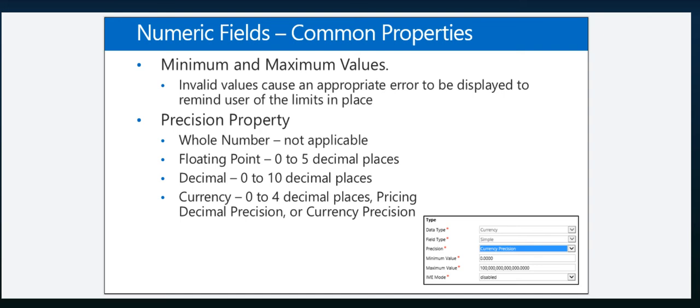So not necessarily on whole number, because those are whole numbers, but for floating point, decimal, currencies, etc., you can set the decimal positioning as described here: on floating point between 0 and 5 decimals, currencies between 0 and 4 decimals. Usually, for currencies, usually set to 2, and decimals can go all the way up to 10 decimals. So you have some flexibility there in how you can define those.